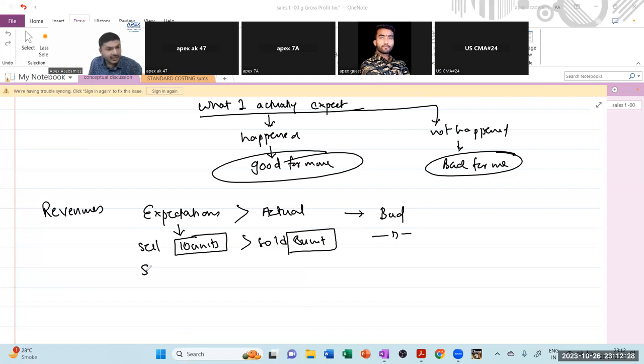You are expecting to sell at the rate of 10 per unit, but you sold at the rate of 7 per unit. ये भी बुरा हुआ.